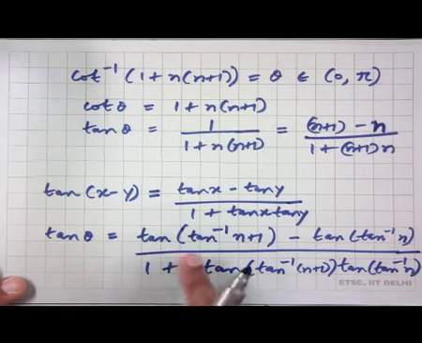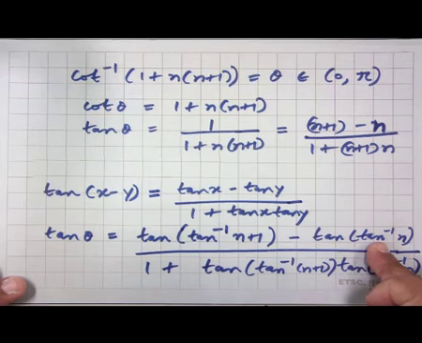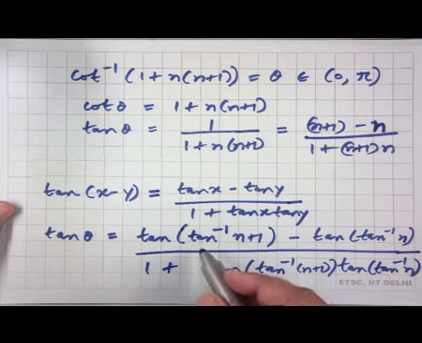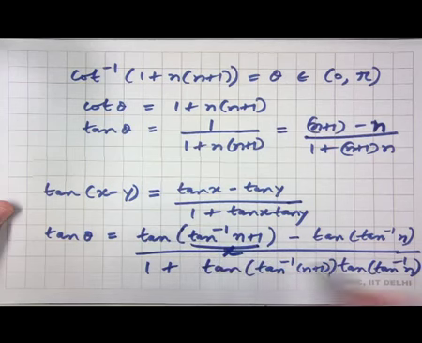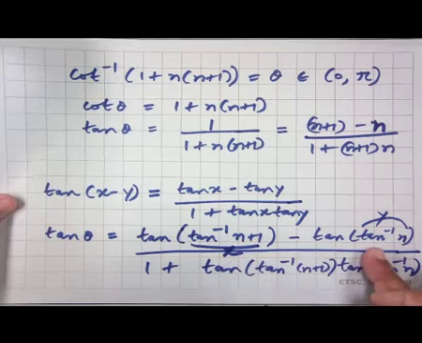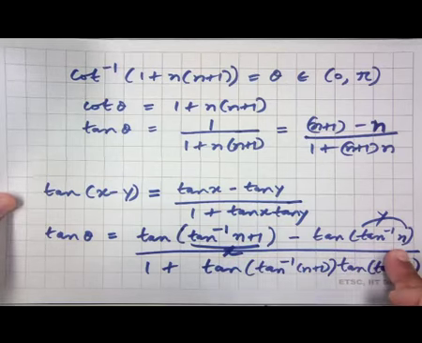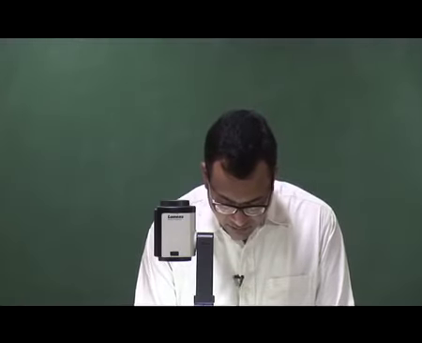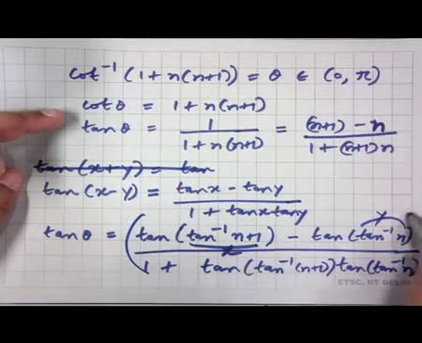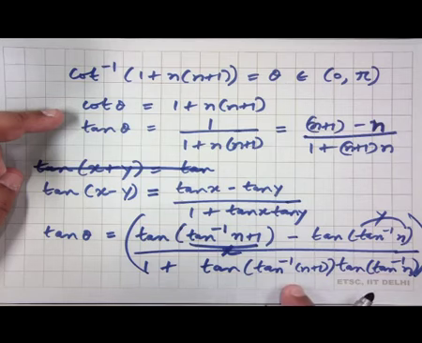So, this is of the form tan x minus tan y divided by 1 plus tan x times tan y, which is nothing but tan of x minus y.